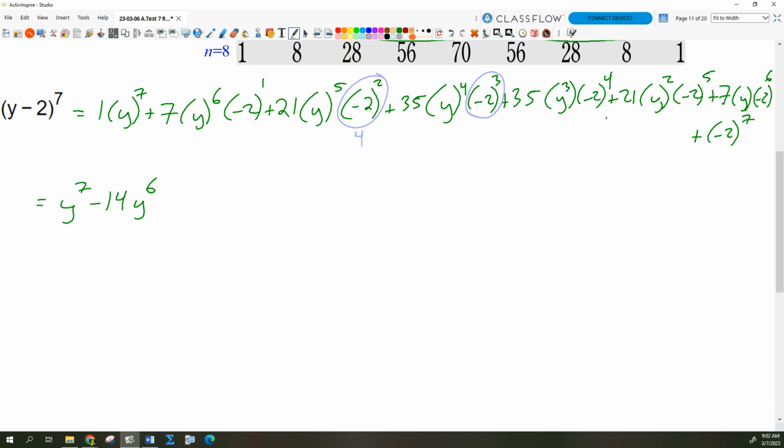Positive or negative? Negative. Good, because it's an odd power. So minus 8. Negative 2 to the 4th, 16. Good. I'm just multiplying each of these by negative 2, aren't I? So that becomes positive 16, negative 2 to the 5th, negative 32, negative 2 to the 6th, positive 64, and finally negative 2 to the 7th would just be negative 2 times 64. So 128.